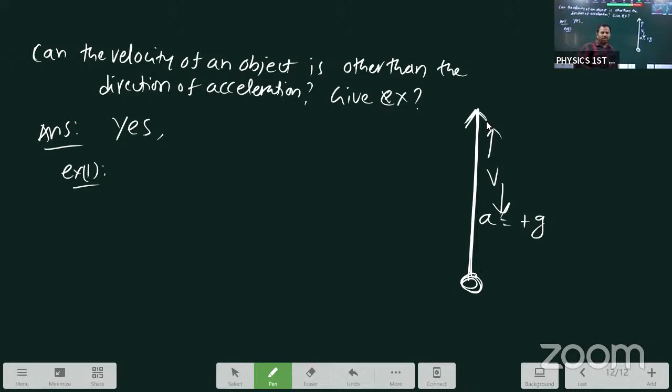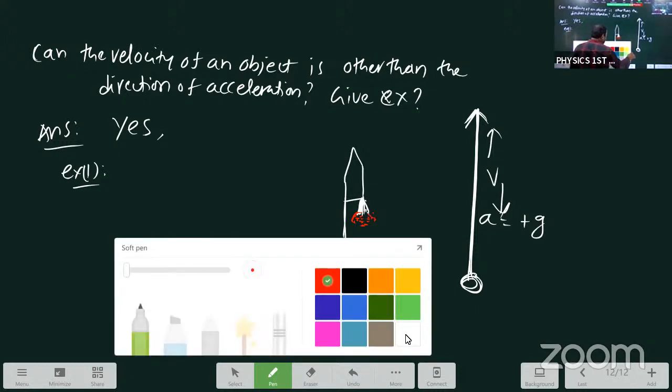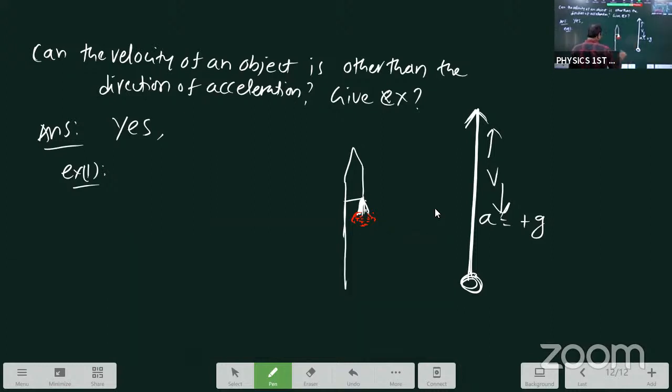For example, take a Diwali rocket. Here we are lighting the fire. Then this Diwali rocket goes upwards, upwards, upwards.